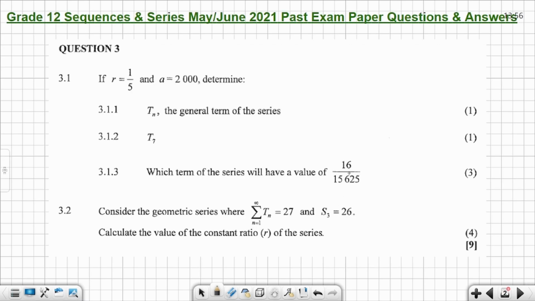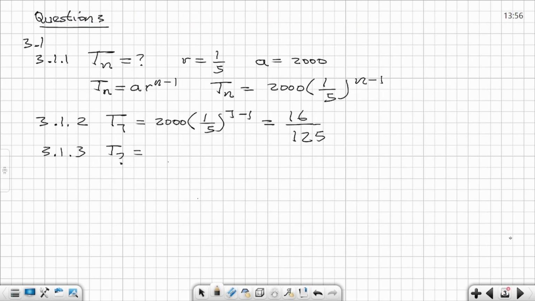This one, 16 over 15625. So in other words, the question is asking us for the value of n. What is n equal to?